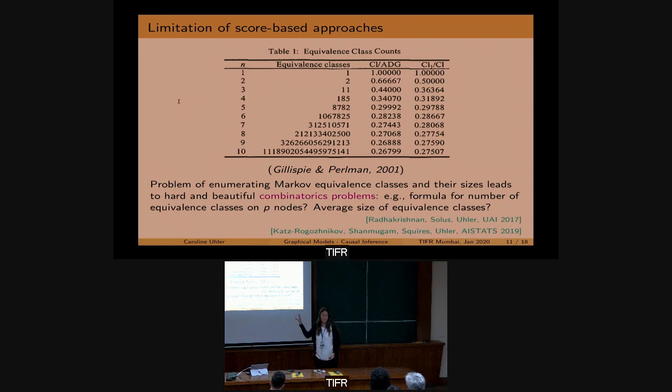In the GS algorithm, they put in so much effort to search over equivalence classes instead of over DAGs, hoping that this number would be big, because otherwise it doesn't really matter. What it seems, and this would be really important to prove, is that this number converges to something like a quarter. So on average, an equivalence class has about 4 members.